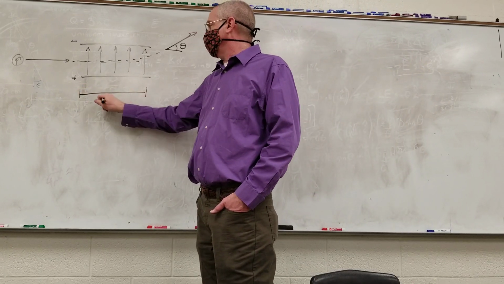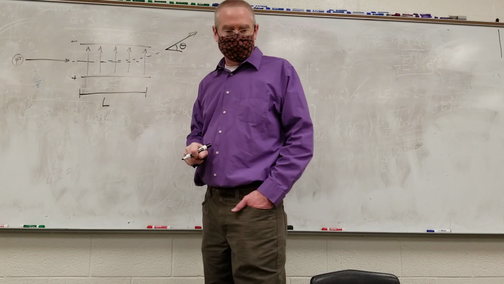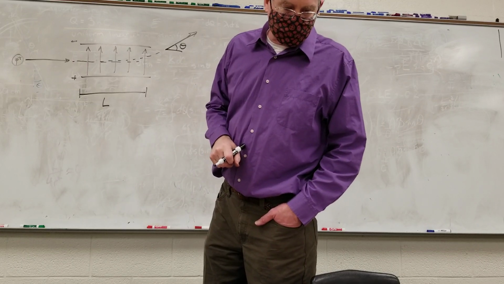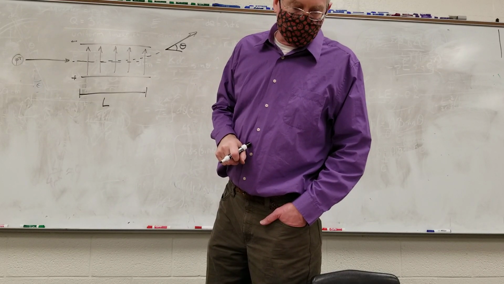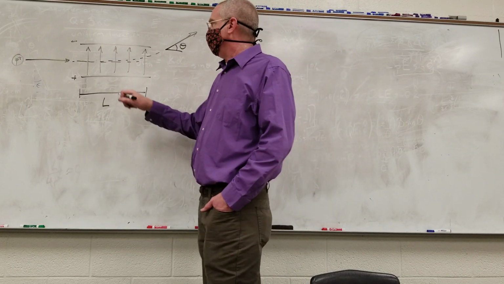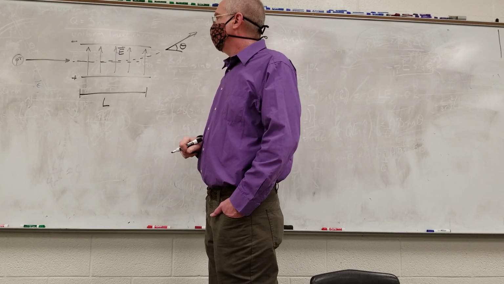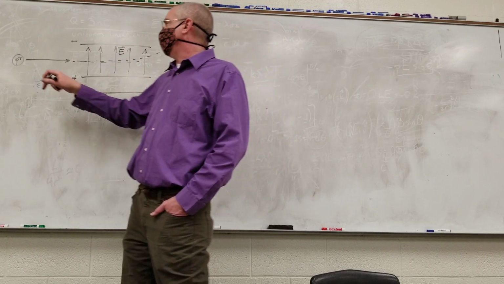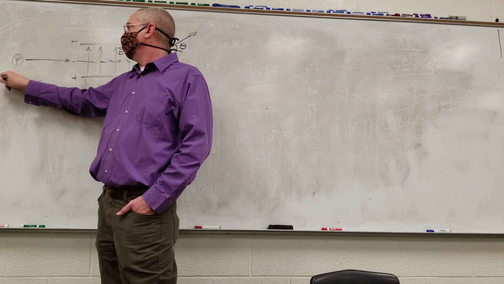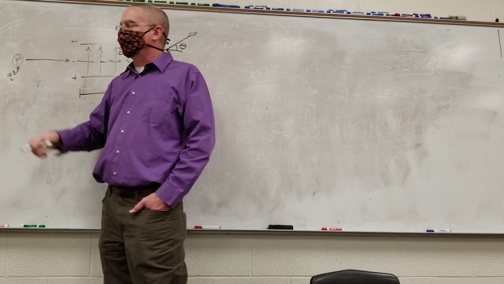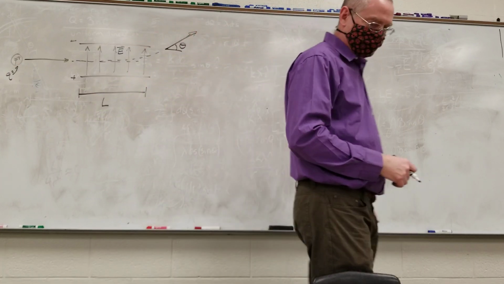This length, this direction is L. And just some electric field E. And I said proton there, we can make it a generic charge of Q. We'll solve it for Q, we can stick in the proton later, we'll just keep it generic for now.